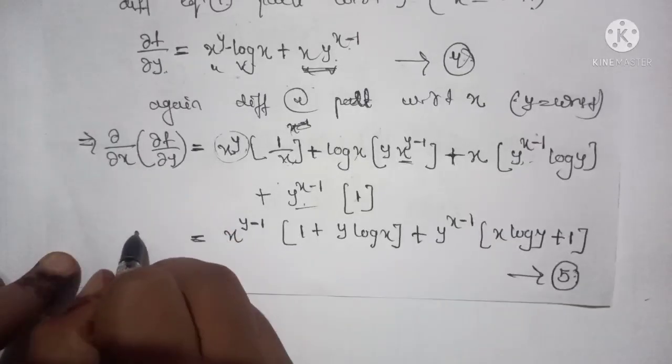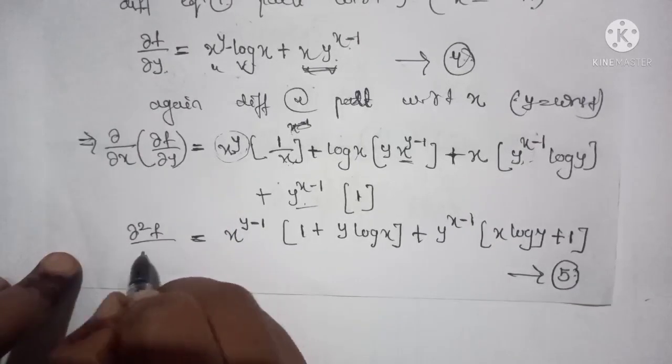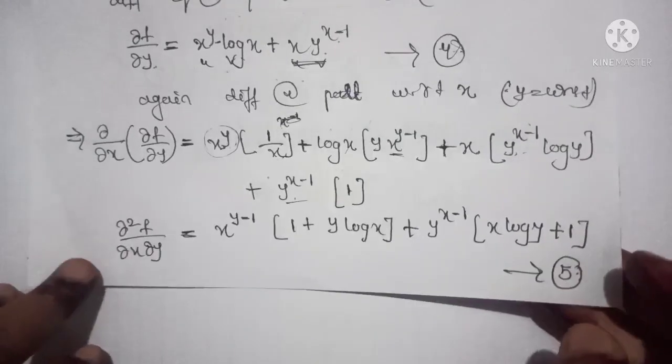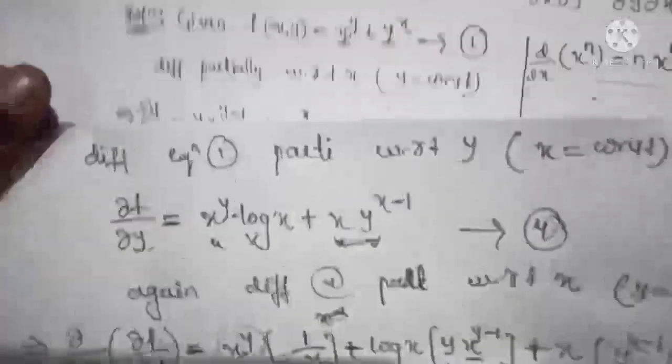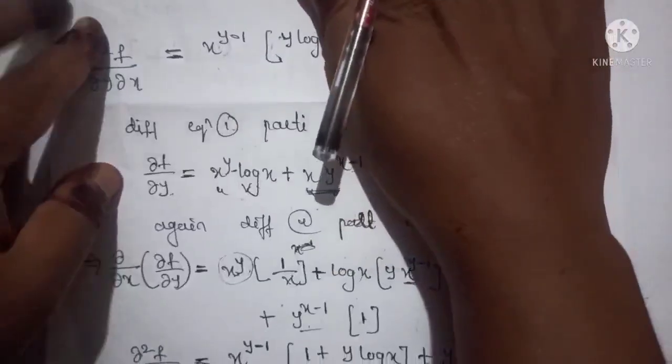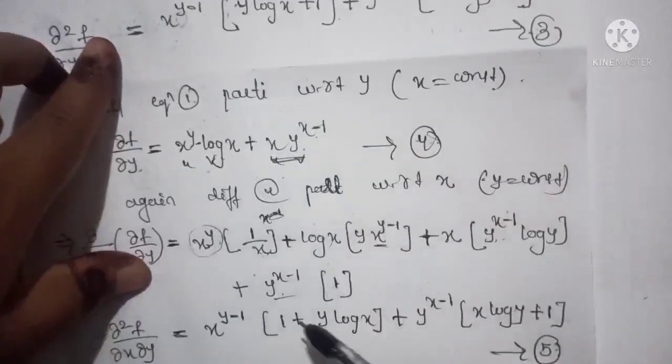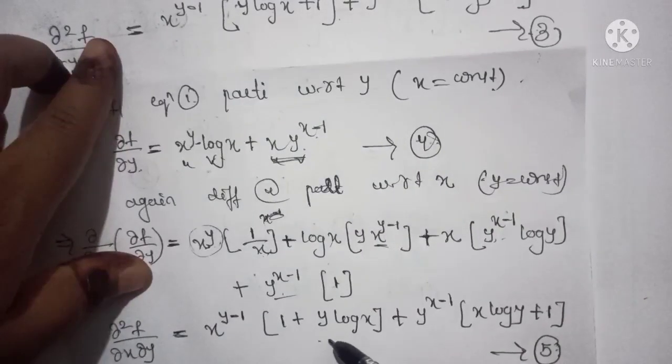Here the LHS is dou square f by dou x dou y. You can observe that equation 3 and 5 are the same, that is, equation 3 is similar to equation 5.